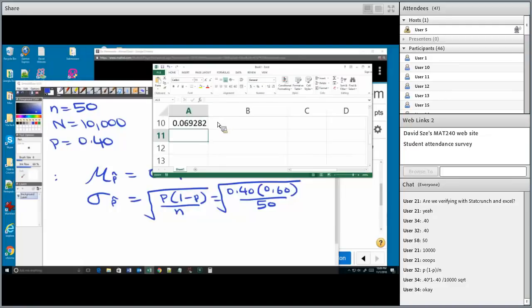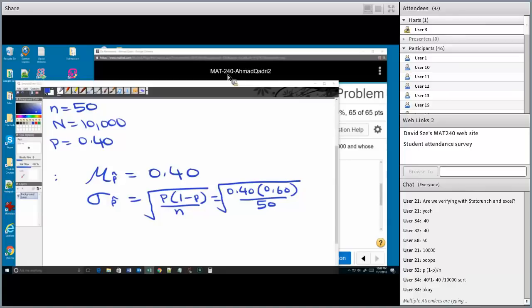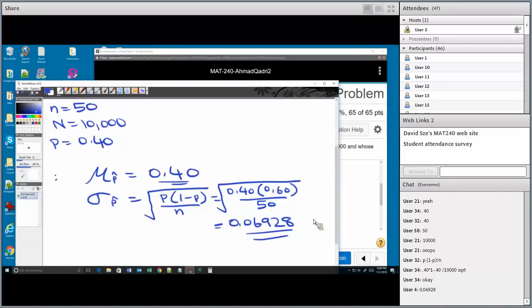Can someone type this, please, in the chat box? Thank you, Angie, 0.06928. So this is my standard deviation. Standard deviation, mean. Are these steps clear?